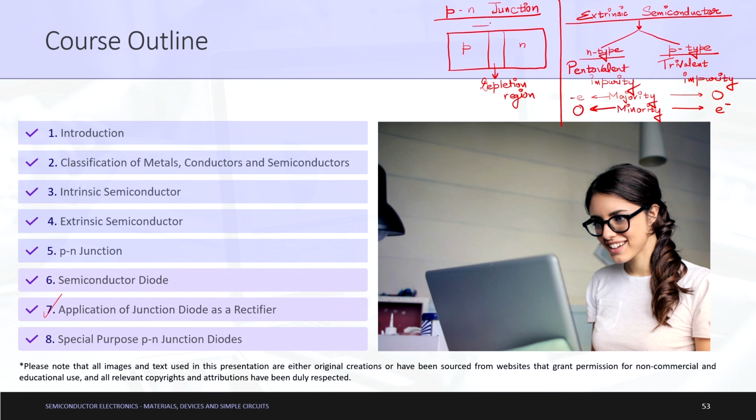Diffusion current is formed in this direction. This is the diffusion of electrons, this is the diffusion of holes.